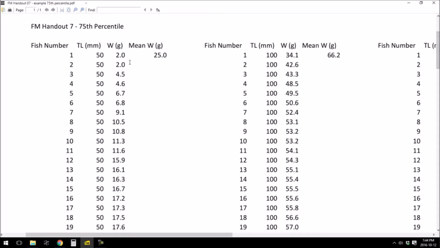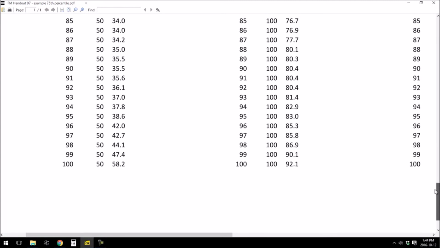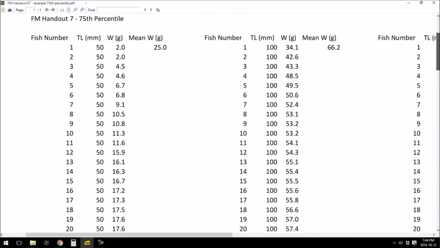If we look at this first column of the 50 millimeter fish, arranged from the lightest fish to the heaviest fish, this represents the range of weights you would expect for a 50 millimeter fish of this species. This is made up data, but you get the idea. The average weight for a 50 millimeter fish is 25 grams. That's the average of this weight column.